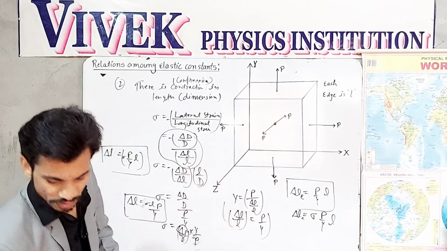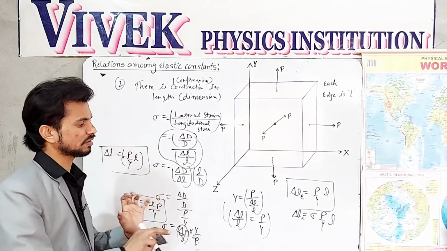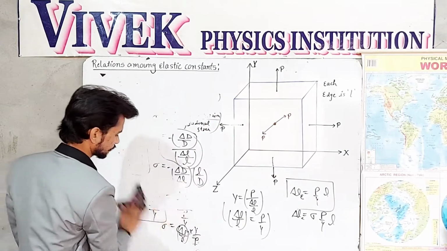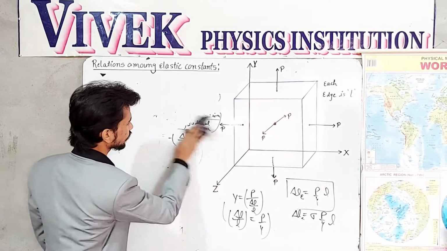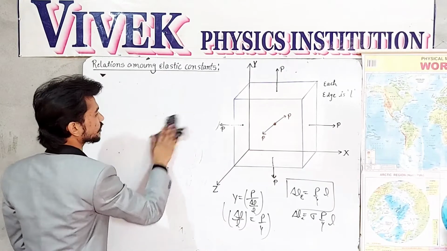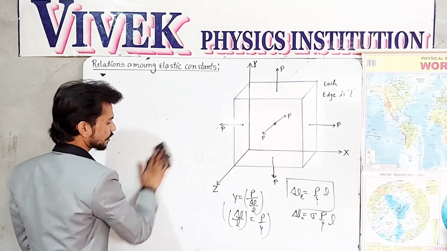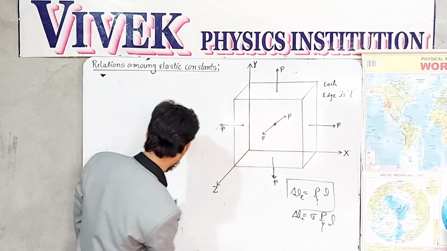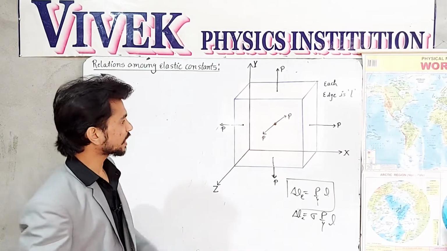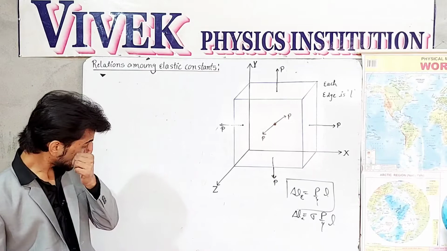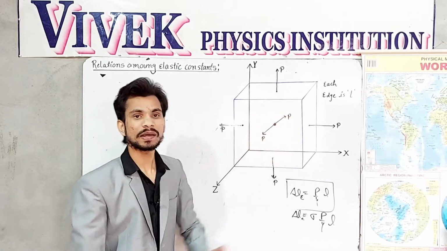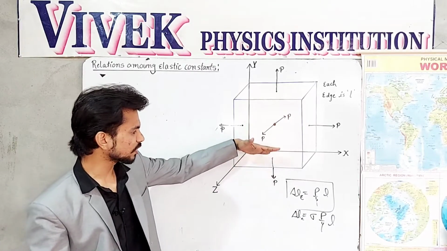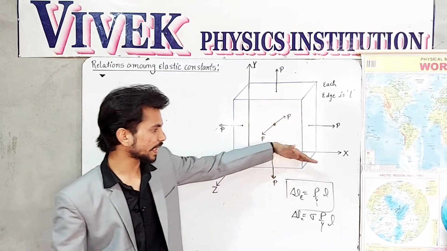So let's begin to derive the relation among the elastic constants. Now you can check the respective diagram on the board. You can see this blue marked cube has been taken in such a way that its lower face is in the x and z plane.